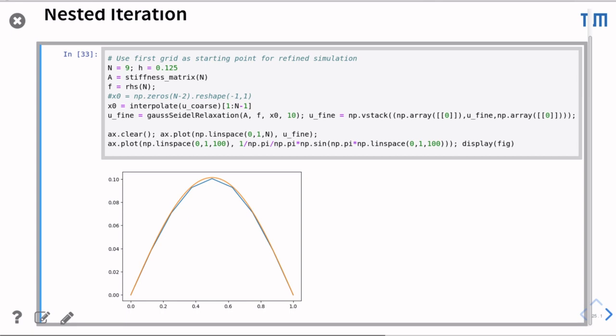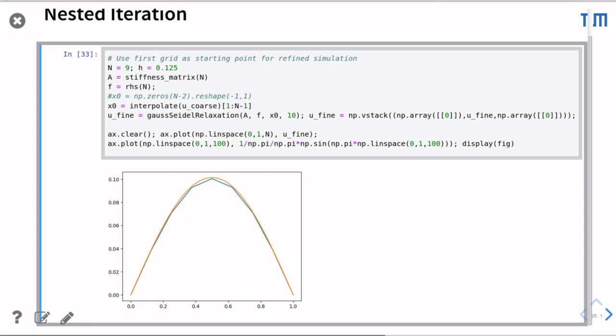We can now do this iteratively. So instead of just doing it for 2 grids, we just continue and continue, refining and refining. And in each case, once we've solved on that grid, we interpolate the function, and then we use that as a starting guess for our Gauss-Seidel relaxation in the next step.